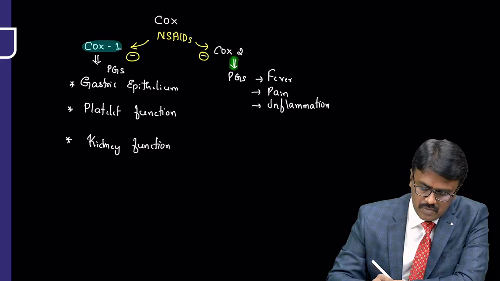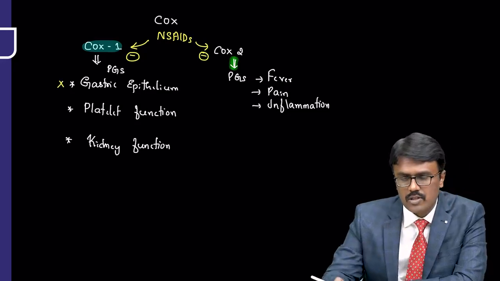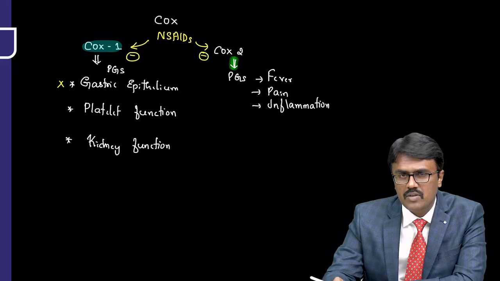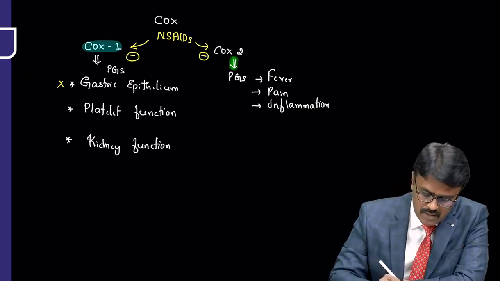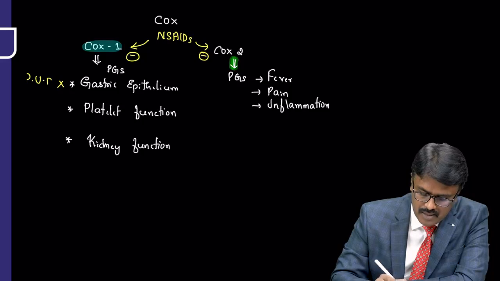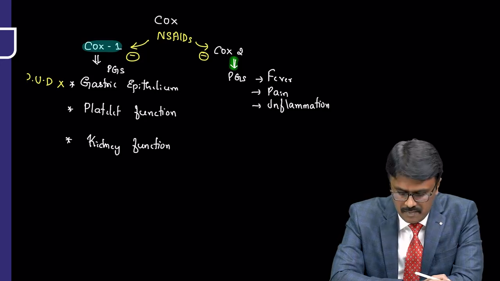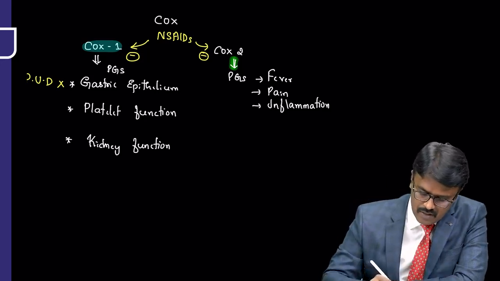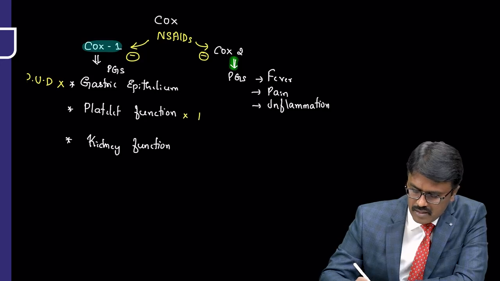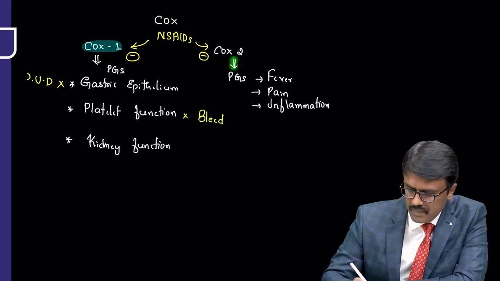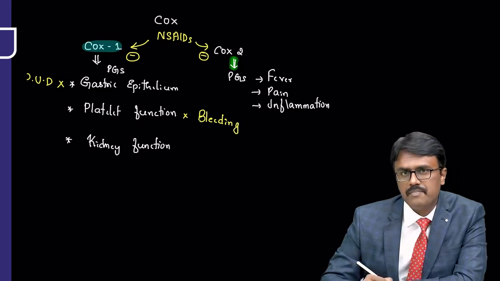So what is the problem when you block COX-1 also? The gastric epithelium is not protected, so the patient will have gastritis and that will lead to peptic ulcer disease. So we call it NSAID-induced peptic ulcer disease. When the platelet function is interfered with, the patient has a risk of bleeding.